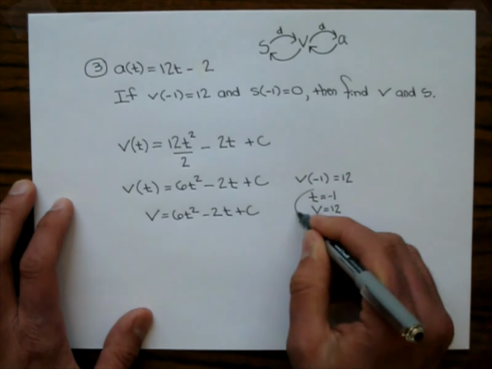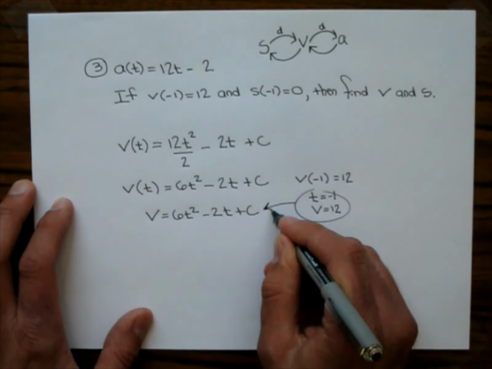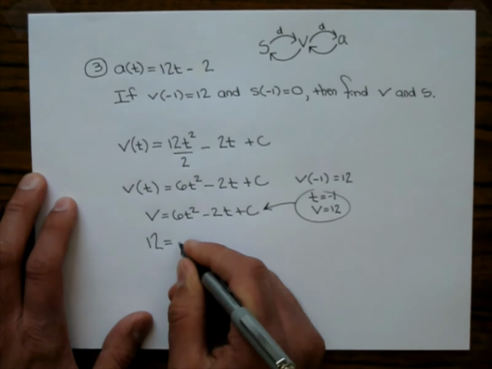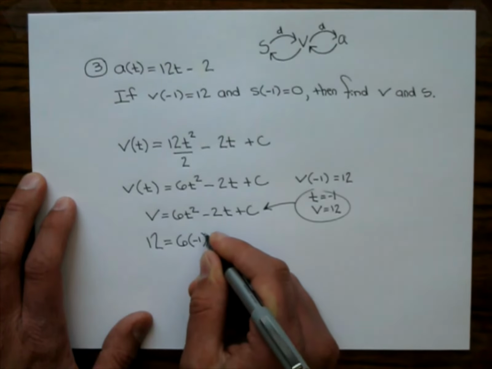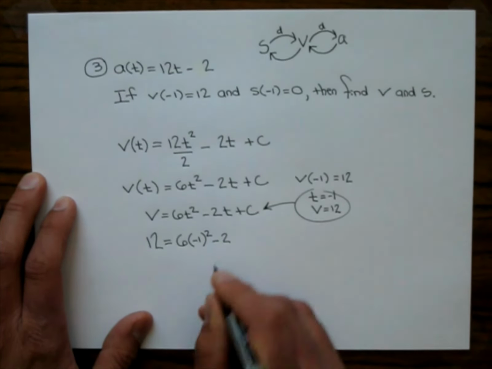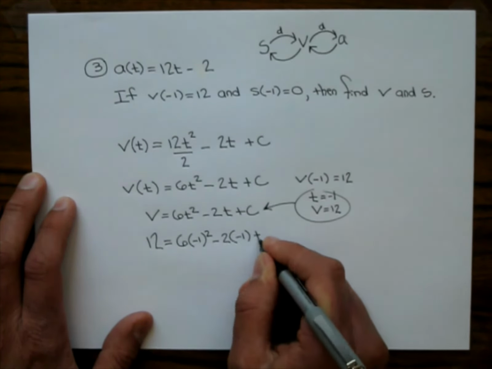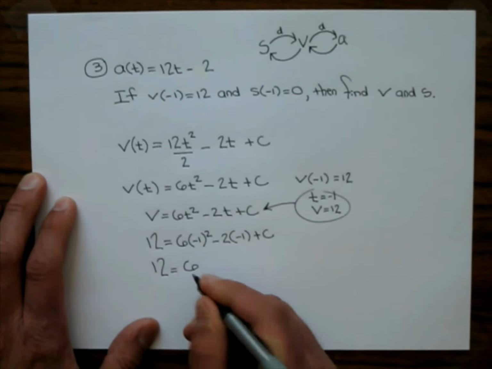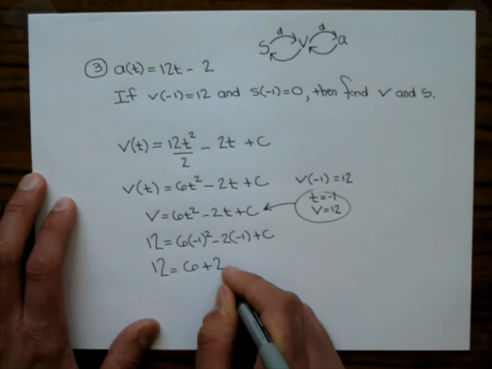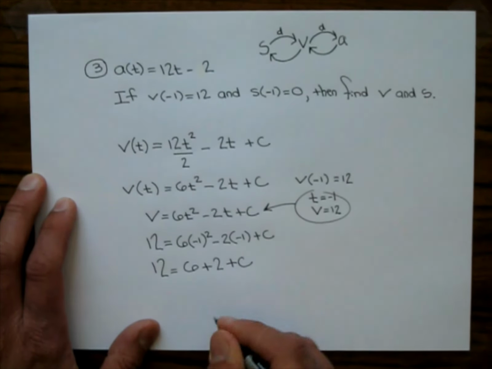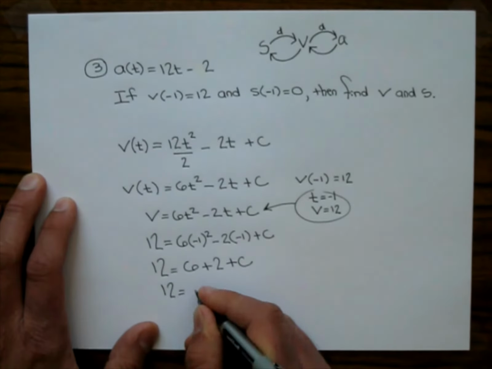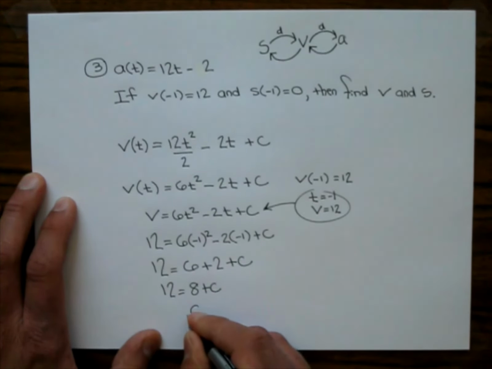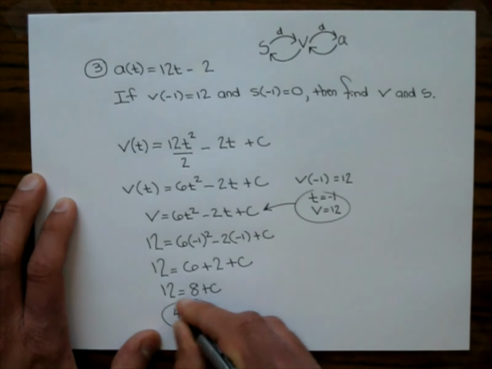So let's plug these values right in there and see what happens. 12 equals 6 times -1 squared minus 2 times -1 plus c. 12 equals 6 plus 2 plus c. 12 equals 8 plus c. So c is going to equal 4.